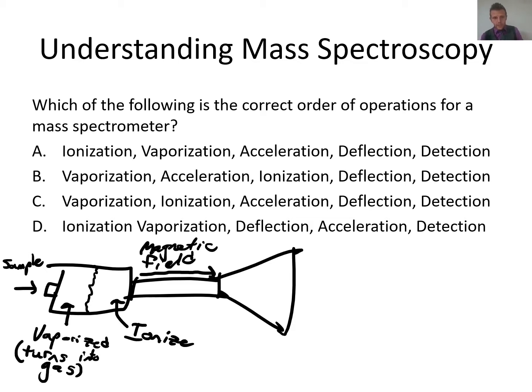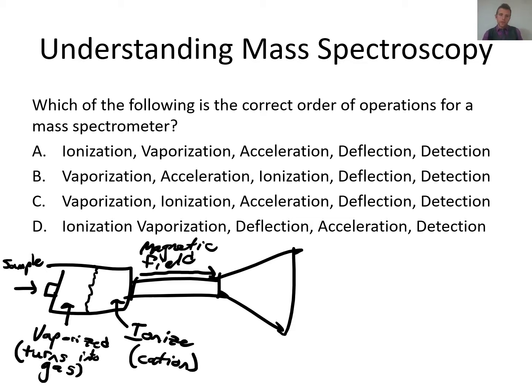So when it becomes ionized, this will turn into a cation. The second it becomes a cation, the magnetic field can now act upon it, because if it's neutral, the magnetic field will not act upon it, because there's nothing for the magnetic field to act upon. Magnetic fields act upon charged particles. The second it ionizes, that magnetic field is going to pull it off to the side.